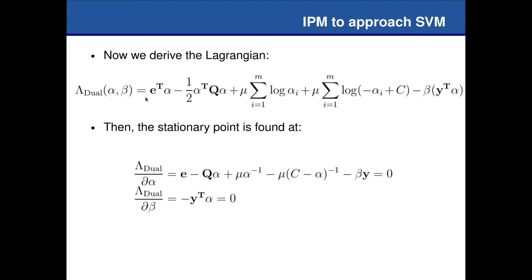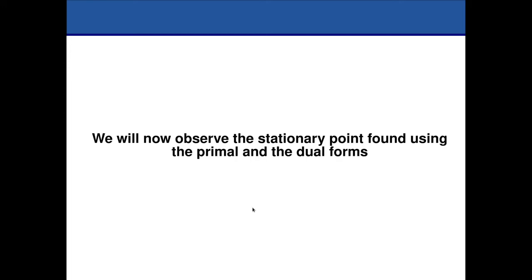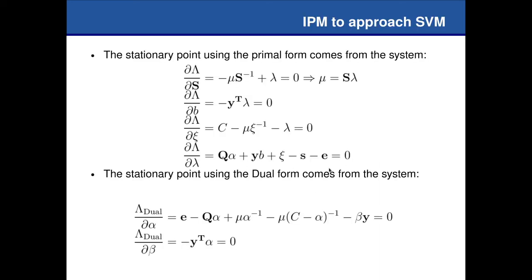And differentiating in terms of beta, beta happens here, I'll have my constraint, it's minus my constraint, but it could be plus because I could multiply both sides by minus 1, okay? The same happens here. Take a look. Now we observe the stationary point found using the primal and the dual forms.